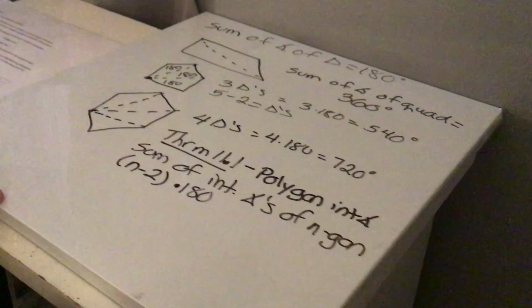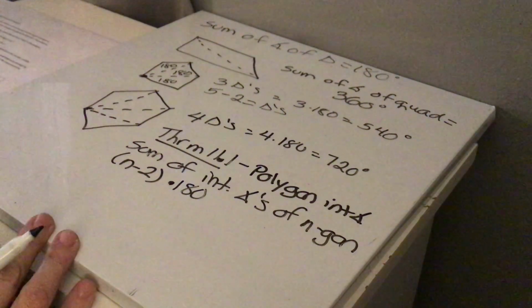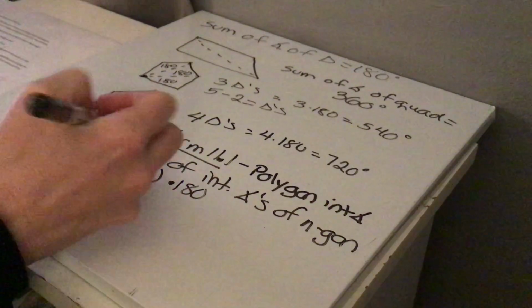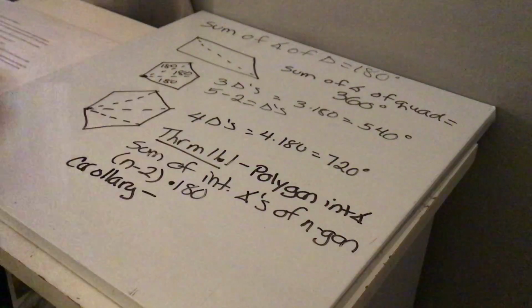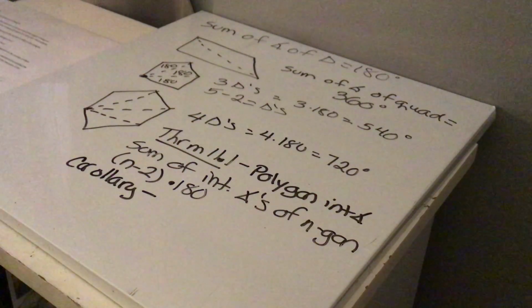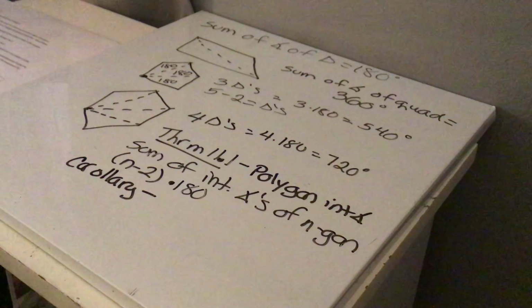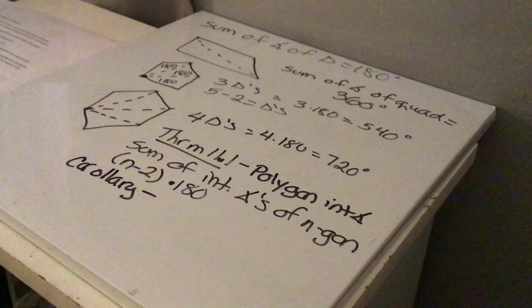So it's going to be number of sides minus 2 times 180. Okay? And then the corollary to that, so an addition, tells us that if it's a regular n-sided polygon, right? Regular means all angles are the same.